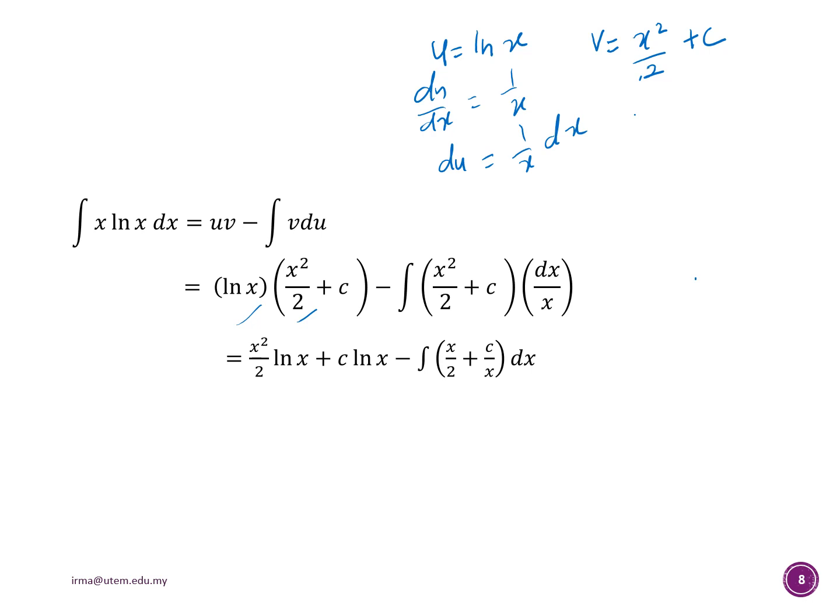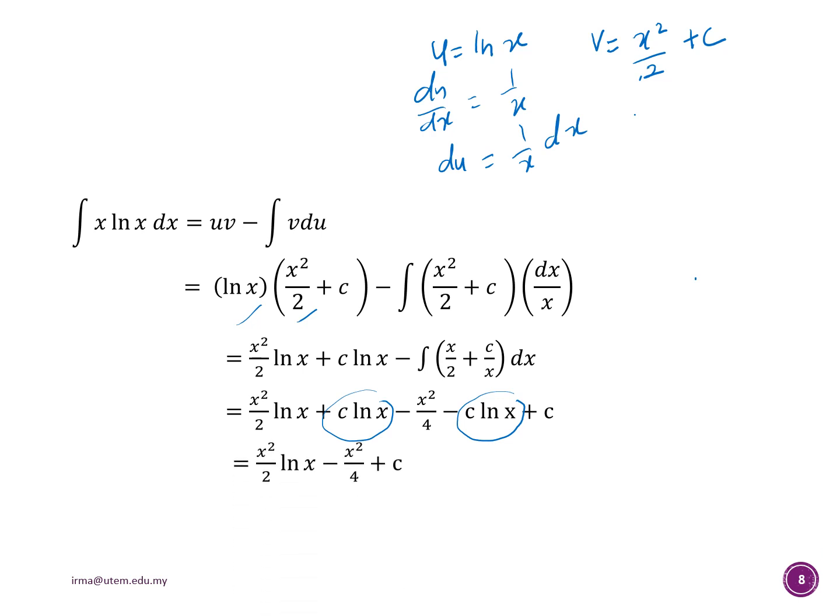Alright, so simplify that and you will have this formula. So x squared over 2 ln x minus the integral, and the c ln x terms: one is positive and another is negative, so we get 0.